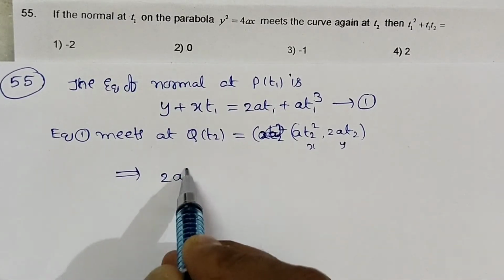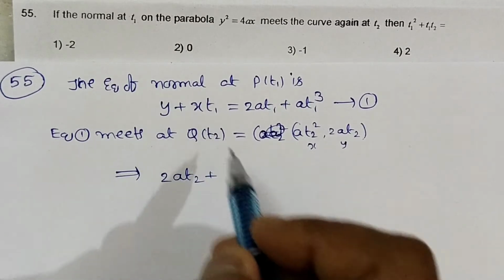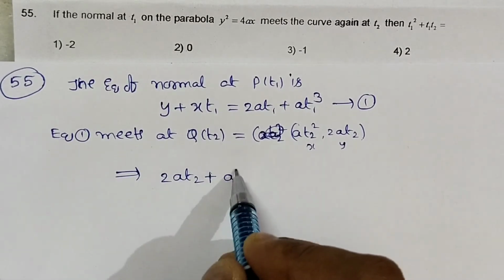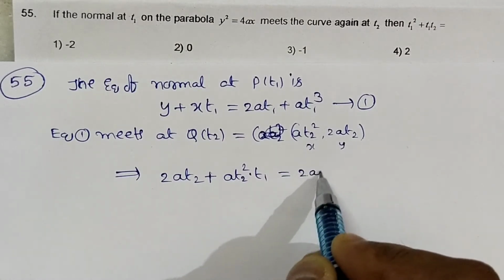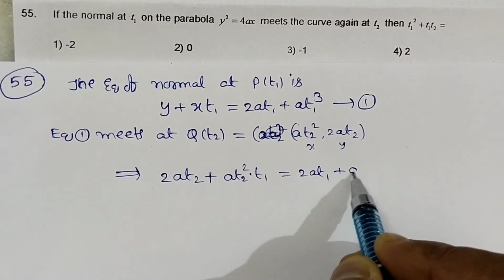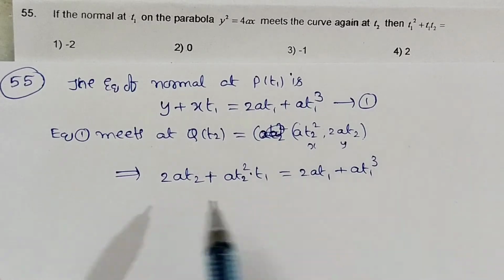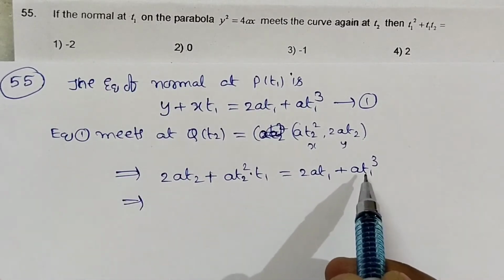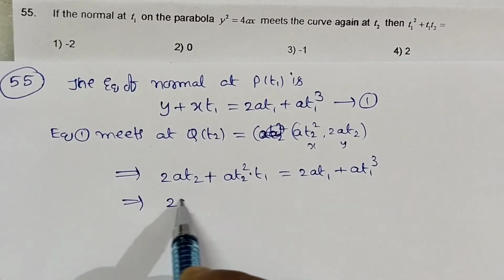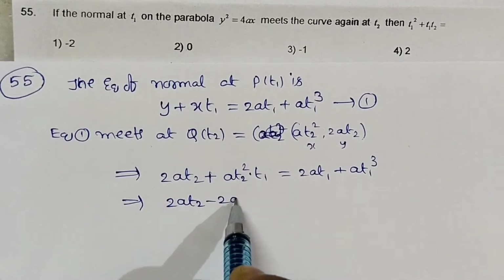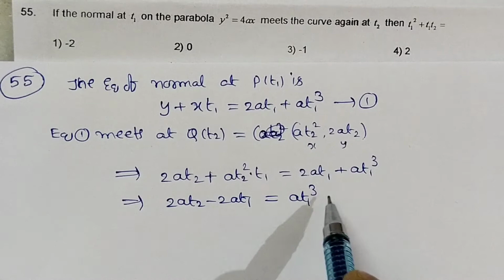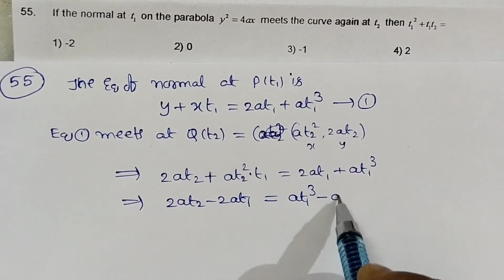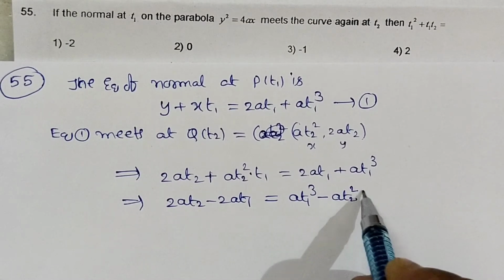So 2a t2 plus, in place of x, a t2 square into t1, is equal to 2a t1 plus a t1 cube. Now I am taking 2a t1 to the left: 2a t2 minus 2a t1 is equal to a t1 cube minus a t2 square into t1.